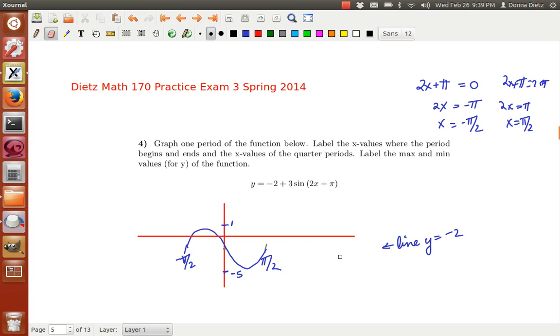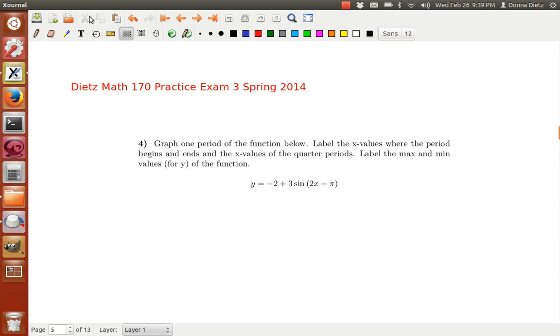Alright, fine. Let's try it one other way, kind of like a hybrid approach. Okay, so you're going to look and you're going to see that x is getting multiplied by 2. So the speed is twice the speed of the usual sine function.